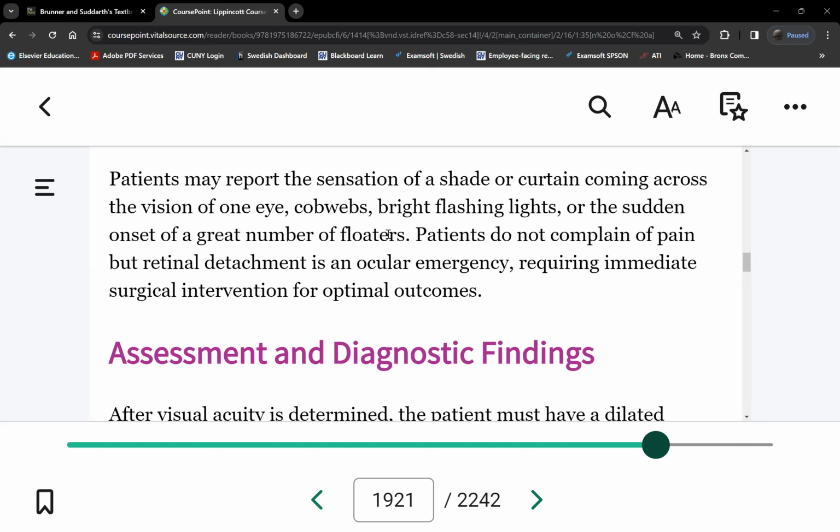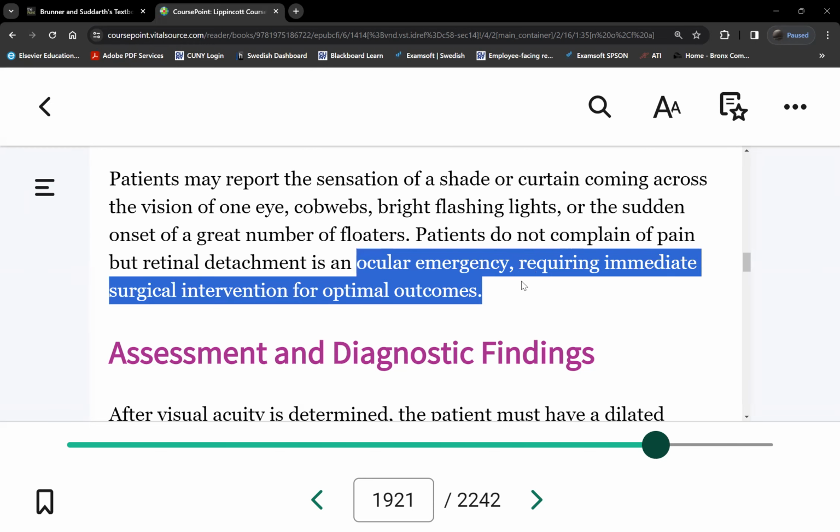What should be done when the patient has these manifestations? Just like acute angle closure glaucoma, this is an ocular emergency. So what should he have done the moment he hit his head and saw floaters? Go to the ER right away.